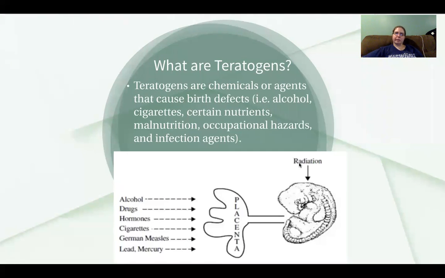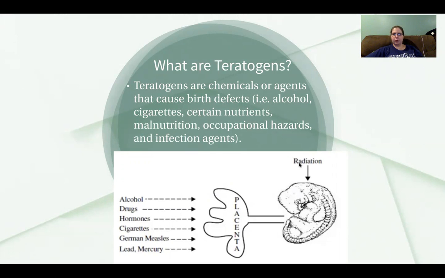We are going to talk about certain things called teratogens, though. So teratogens are chemicals or agents that cause birth defects. So this can be drugs, alcohol, cigarettes, having too much of certain nutrients like certain vitamins, malnutrition, not getting enough of certain nutrients, occupational hazards.